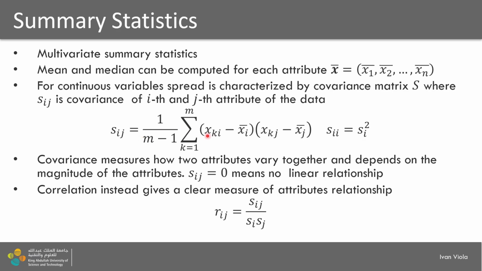A high value in absolute values will give us the information that their covariance is very large. And that means that the spread of these attributes is somehow quite large.